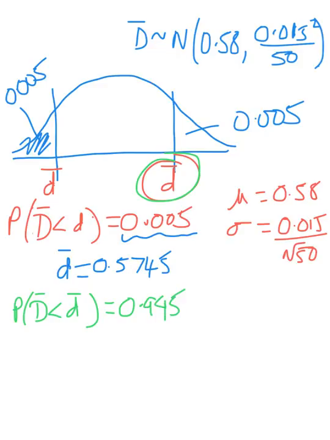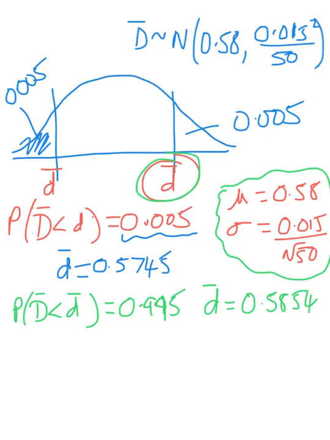That would be our area, so that's what we'd put as our area into the calculator, using the inverse normal button. And again, we would input our values here for the mean and the standard deviation, which would give us the upper bound for our critical region to be 0.5854.